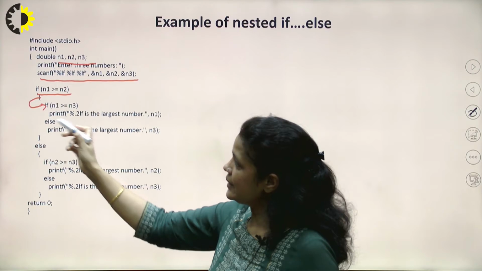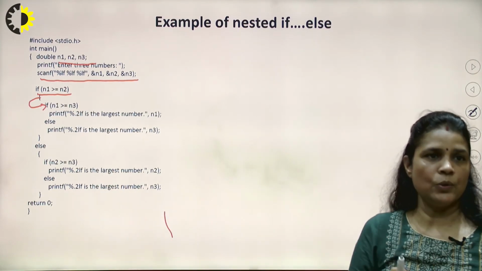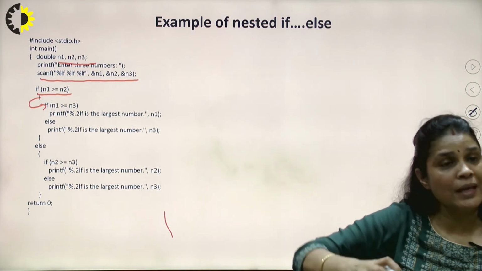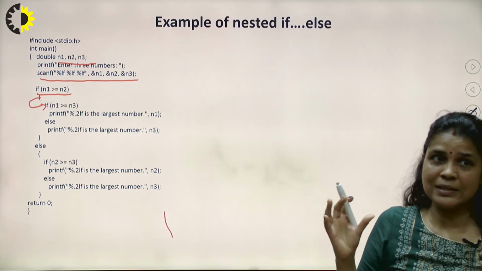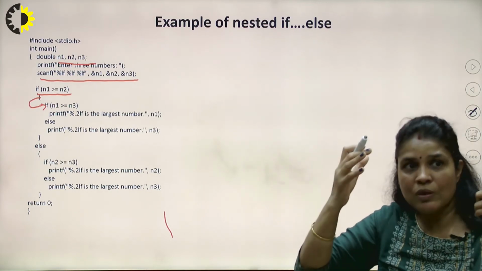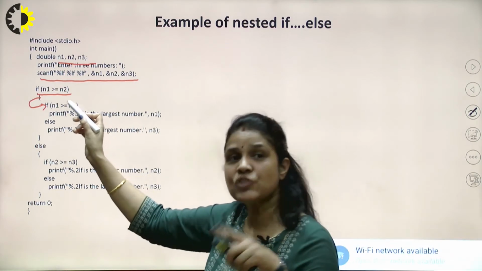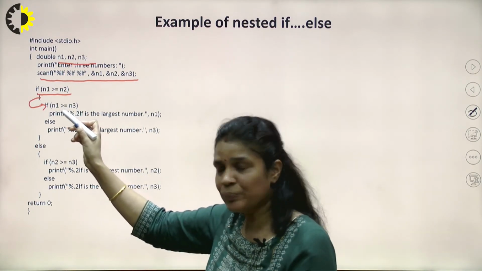Now, inside the if body, we have checked between N1 and N2, and N3 is left behind. We need to check N3 also with N1, because this time N1 is greater than or equal to N2. So we'll leave N2 and work with N1, and check that N1 is greater than or equal to N3 also.